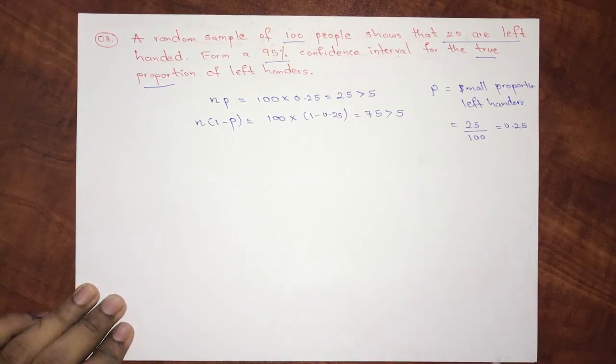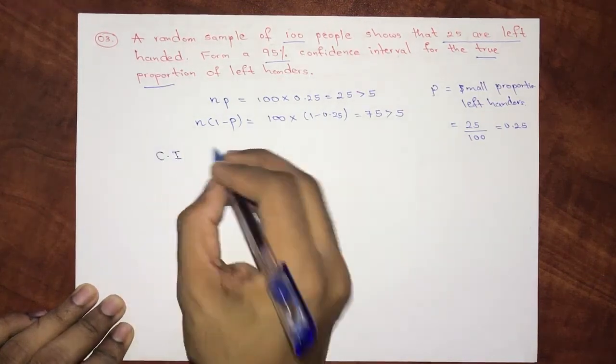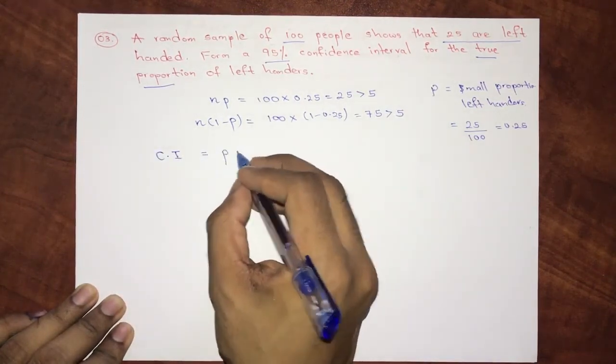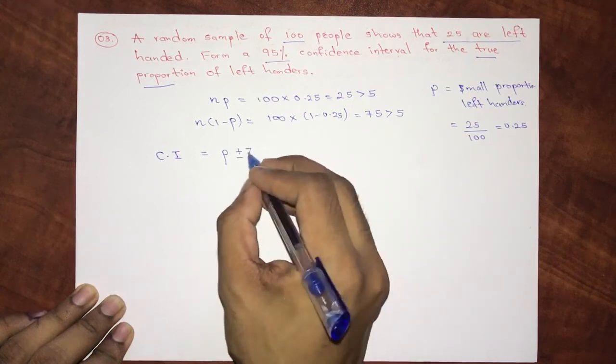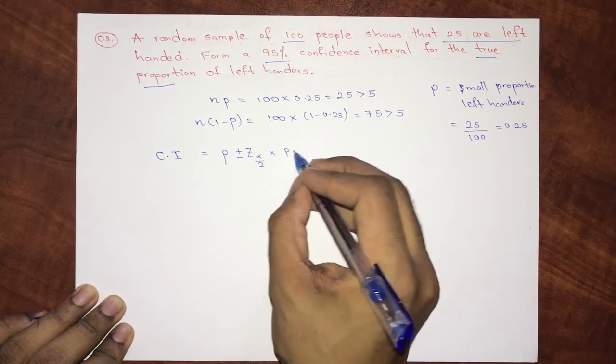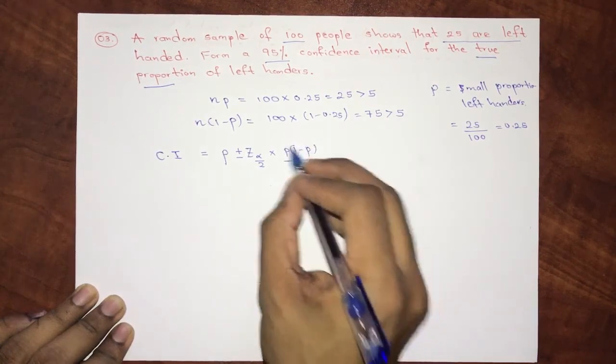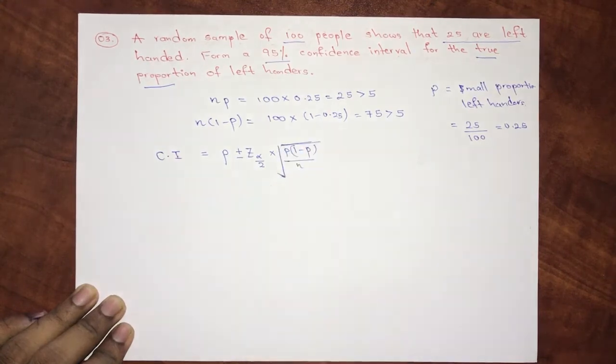That is, you can use the z distribution. So in this case, your confidence interval, the equation is given by p plus or minus z alpha over 2 times the square root of p times 1 minus p divided by n.